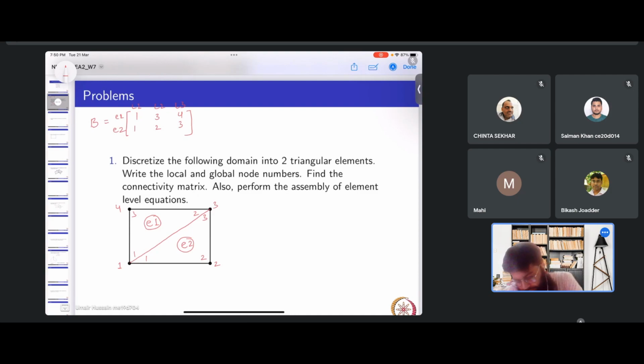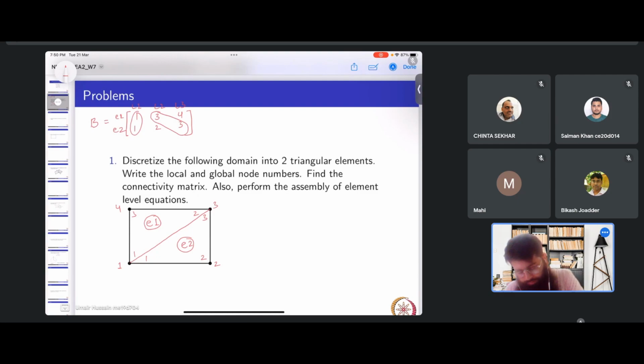So we have two nodes in common, you see. Next we have to perform assembly of element level equations. First of all, we'll write the general form of the equation for each element.